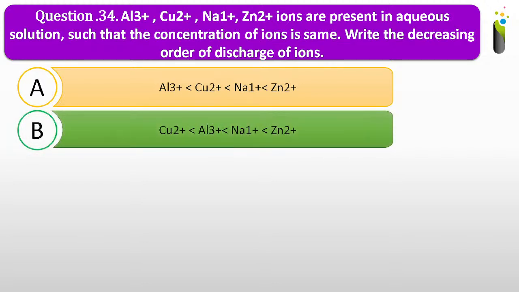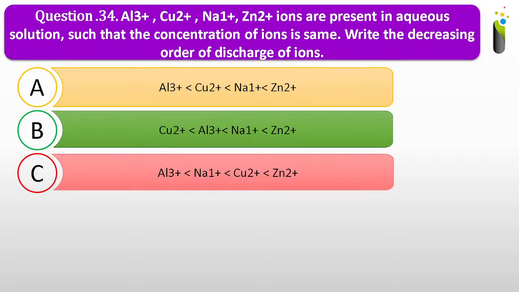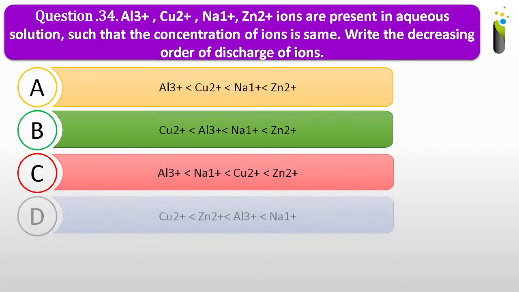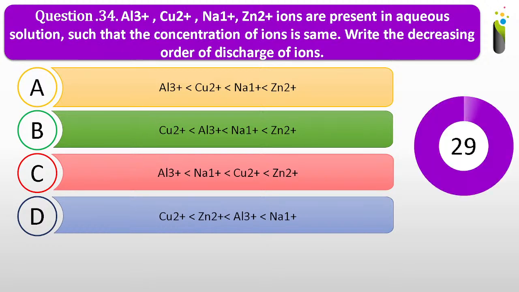B. Cu2+ < Al3+ < Na+ < Zn2+. C. Al3+ < Na+ < Cu2+ < Zn2+. D. Cu2+ < Zn2+ < Al3+ < Na+. Which is the decreasing order of discharge of the ions listed here?